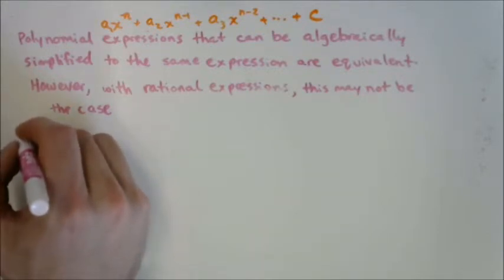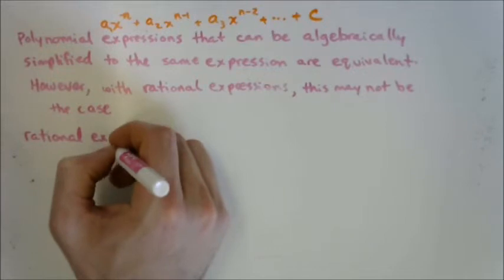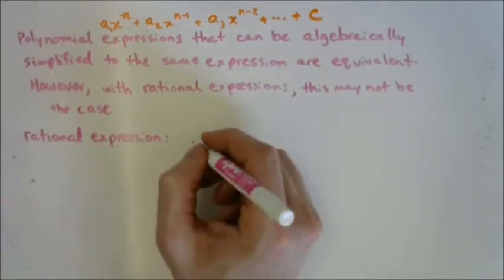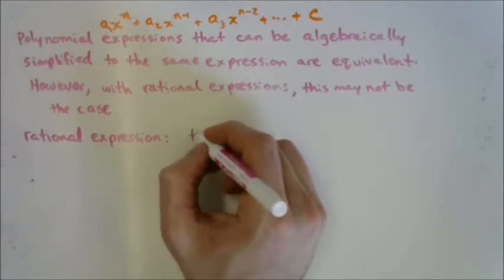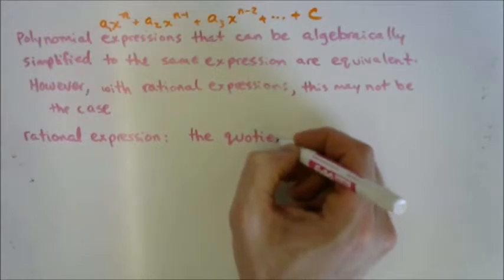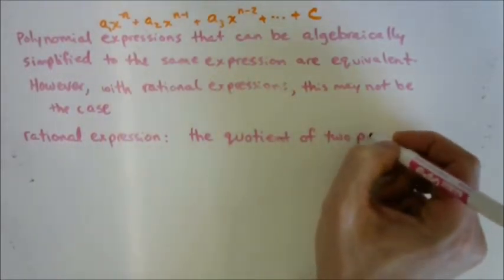So, what is a rational expression? This is the quotient of two polynomials.